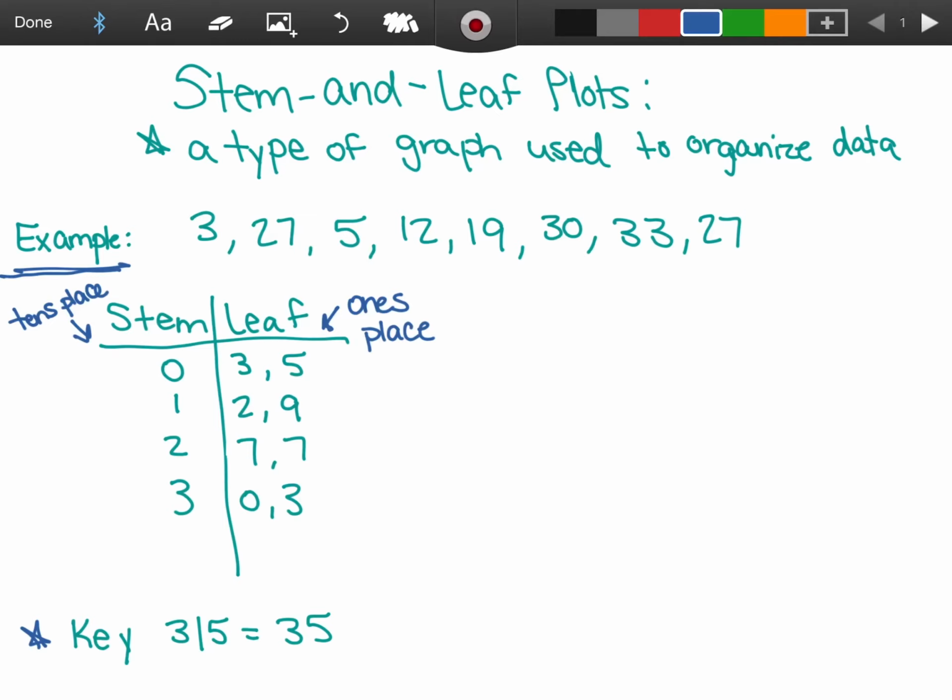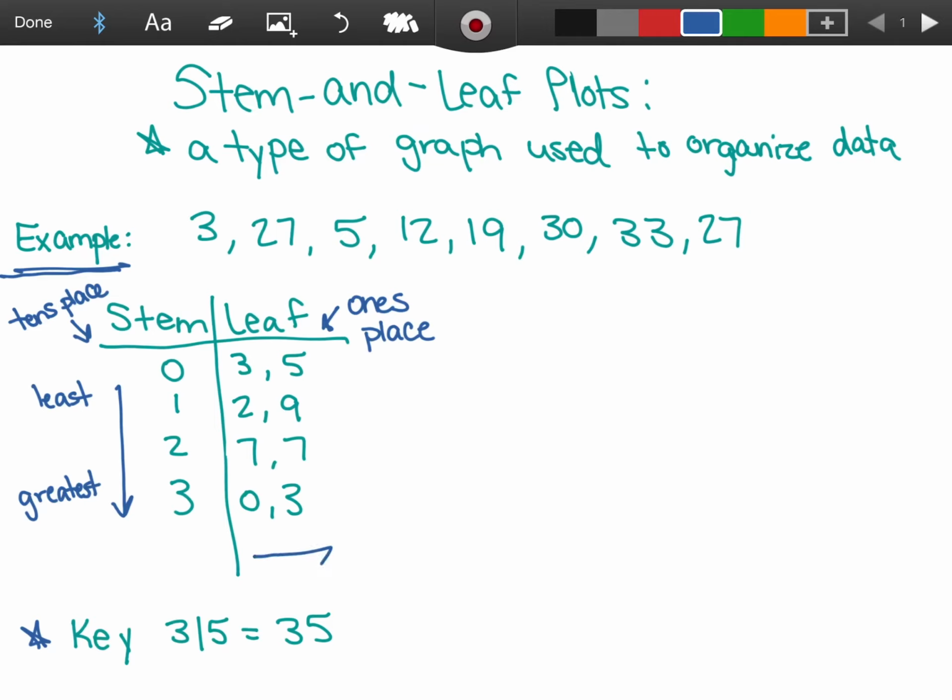And I want you to notice something very, very important. As you're going this way, your numbers are going up. Your numbers are in order from least to greatest. So from the top of your stem to the bottom, your numbers are always going from least to greatest. And it's the same way with the leaf.